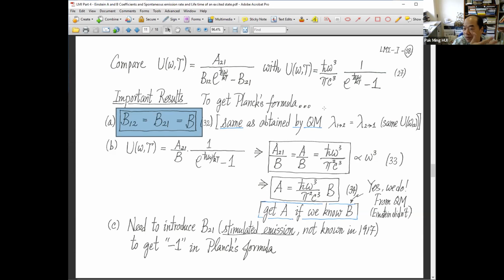We don't need to refer to thermal stuff, because we already derived this through time-dependent perturbation theory. So that's pretty nice. If this is not true, we cannot get this factor.